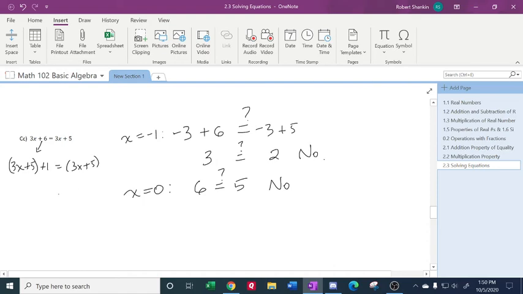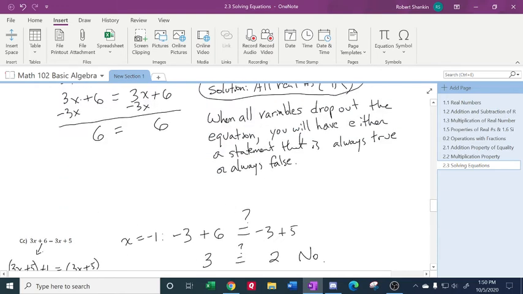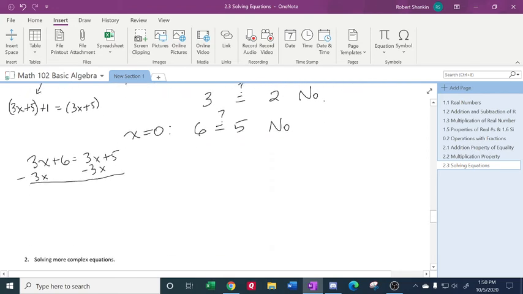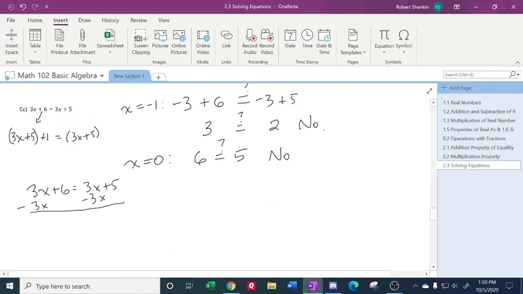Alright, so now let's go look at 3x plus 6 is 3x plus 5. Let's do our solution process. I would subtract 3x from both sides. And all my variables drop out. Remember? When all the variables drop out of the equation, this is something that usually doesn't happen.